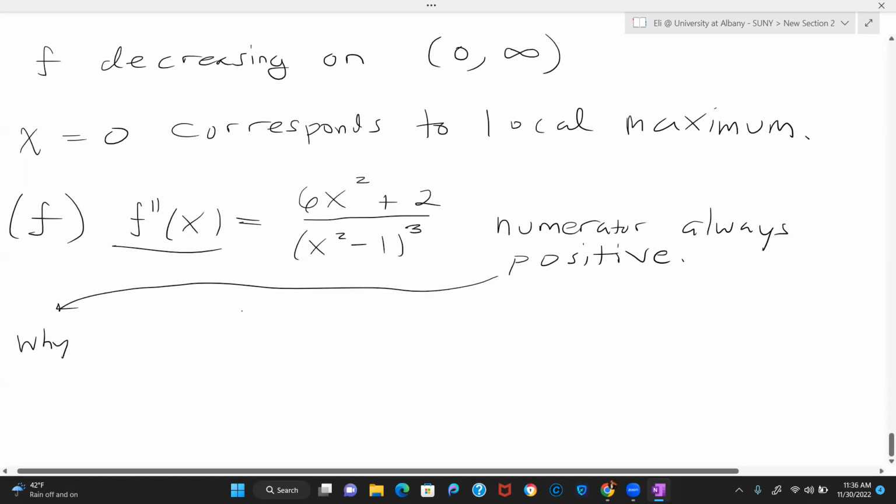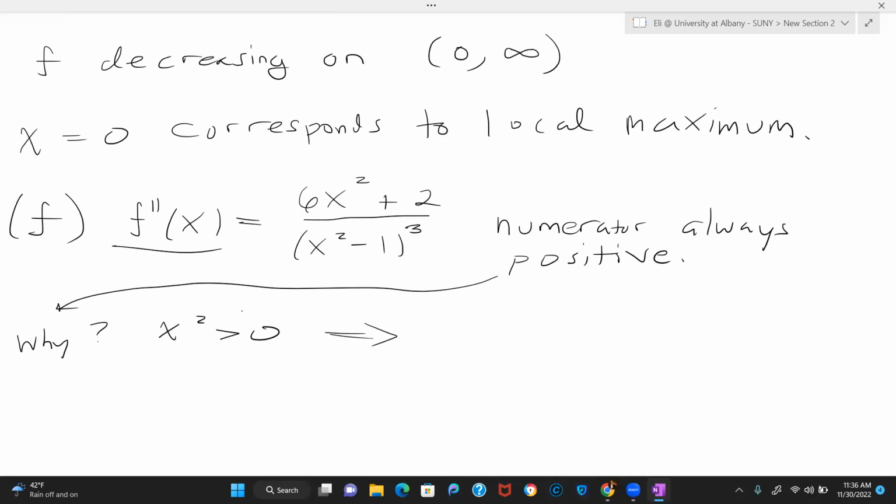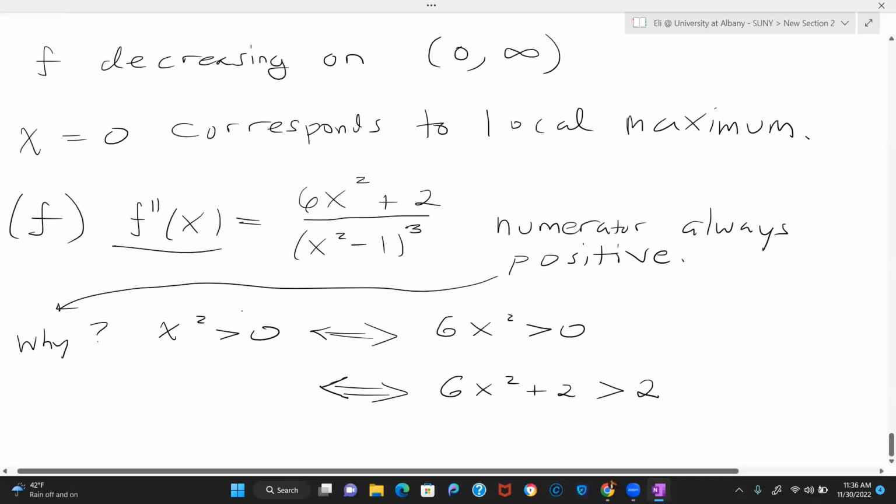Well, first of all, if you take a number and you square it, it's always positive. If you multiply by a positive number, it's still positive. These are if and only ifs, actually. And if you add two to a positive number, you're also positive. But not only are you positive, you're greater than two. So the numerator is always positive. In fact, it's always greater than two, which is somewhat stronger than being positive.